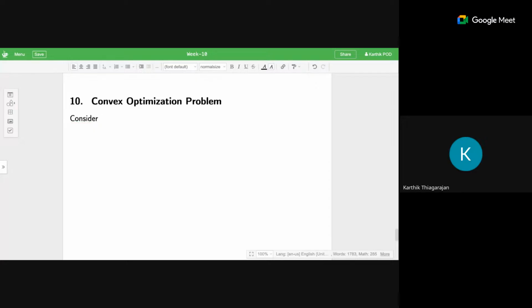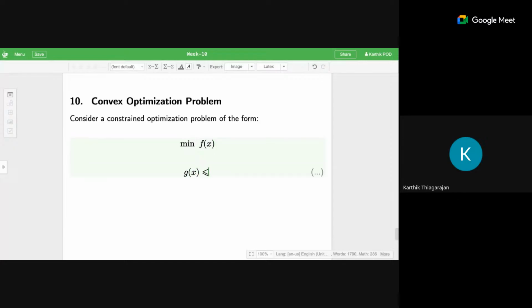There's a very simple setup that we will look at first. Consider an optimization problem of the usual form, where you want to minimize f of x subject to some g of x less than or equal to 0, right?